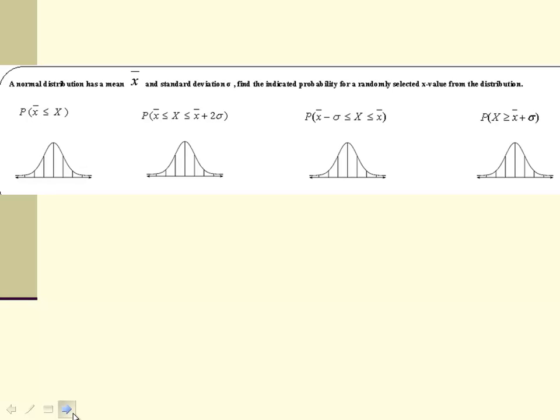A normal distribution has a mean of x bar and a standard deviation of sigma. Find the indicated probability for a randomly selected x value from the distribution. Our first problem: we want the probability that our value is greater than the mean. Our mean is right here in the middle, and it's going to be bigger than all of this stuff over here.